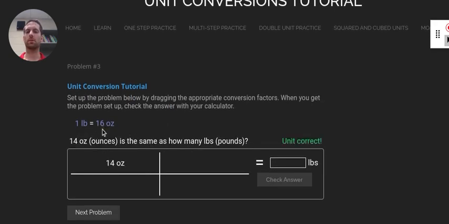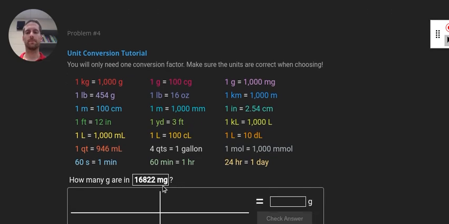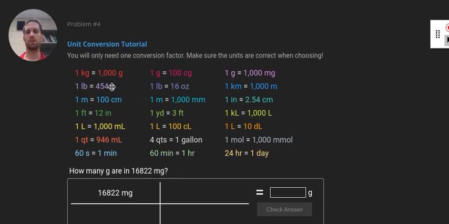So 14 ounces down diagonal to cancel. And we get 14 divided by 16 is 0.875. So here is where that goes. It goes in front. And we want the grams. So gram goes on top. And we want ounces. So we need to find grams to ounces.